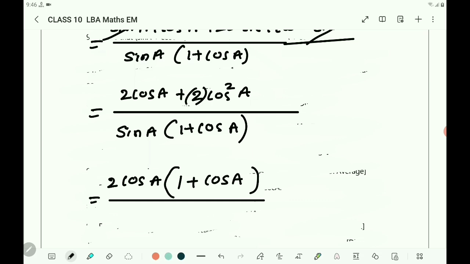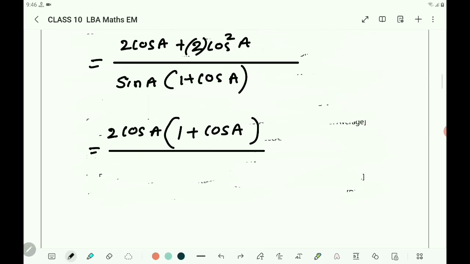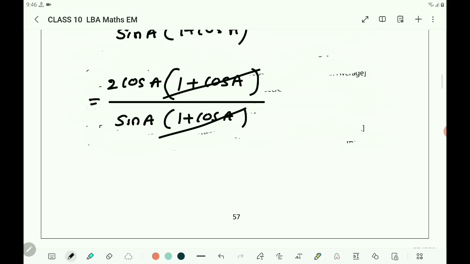Only cos A, 2 cos A into cos A is 2 cos square A. So you got in the bracket 1 + cos A. Then you write sin A into (1 + cos A) as it is. You can cancel 1 + cos A in the numerator and denominator. Then you got 2 cos by sin. Cos by sin is cot. 2 cot A, which is equals to RHS.